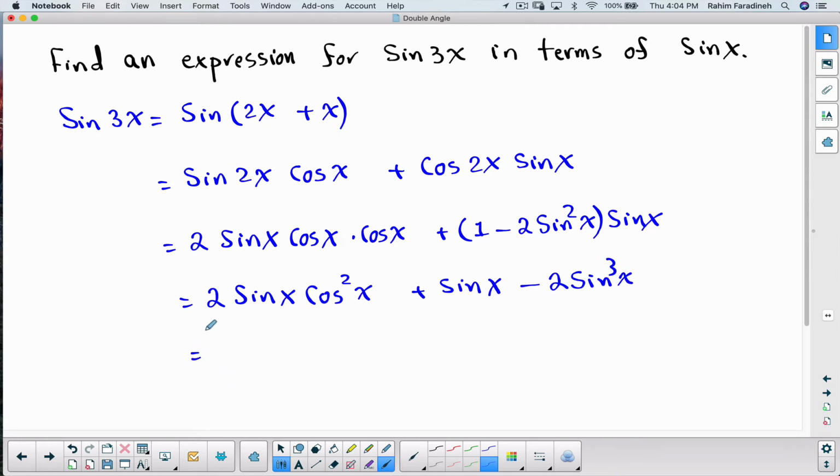Like I said, we want the final answer to be in terms of sine x. So I'm going to take the cosine square and write it as 1 minus sine square.